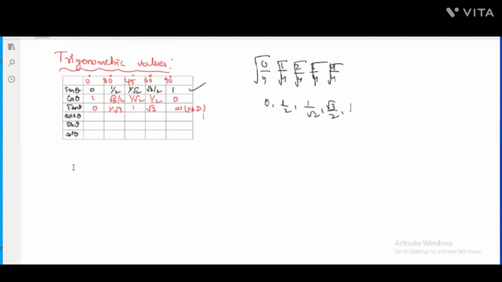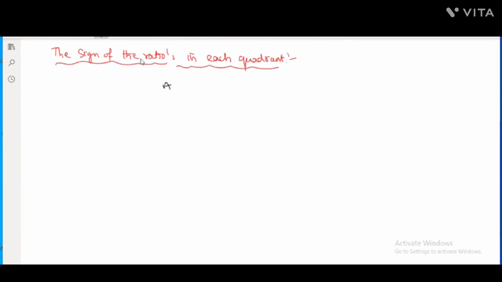Next, the signs of the ratios in each quadrant. Generally our regular teachers will tell the formula 'All Silver Teacups'.